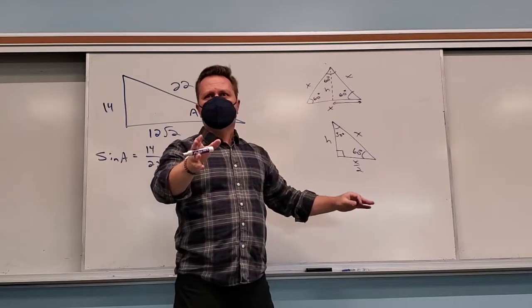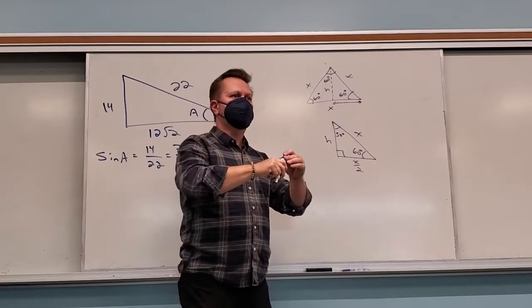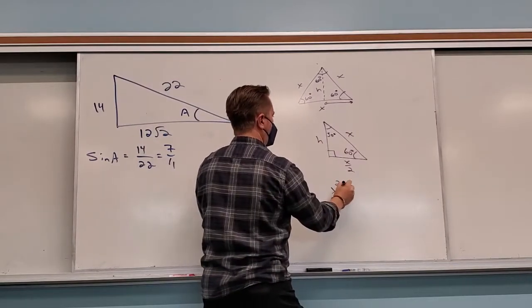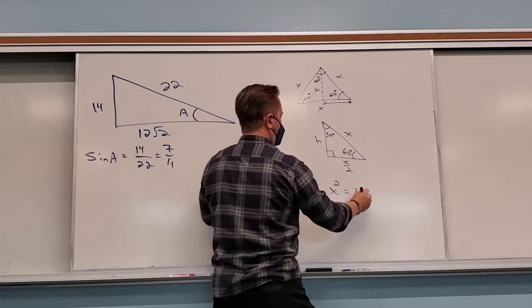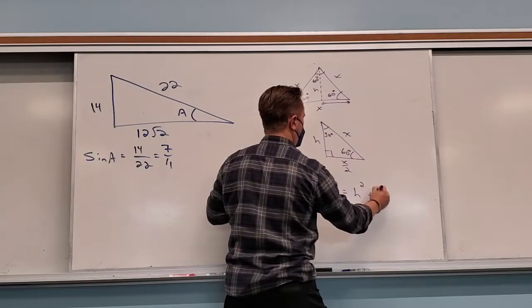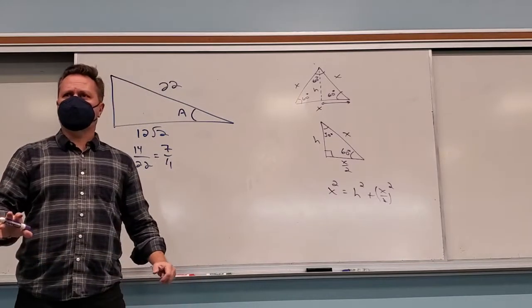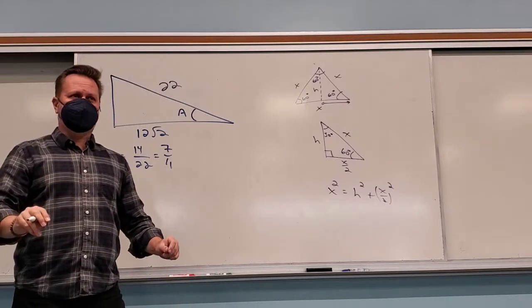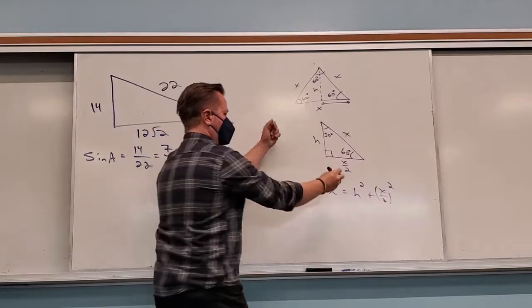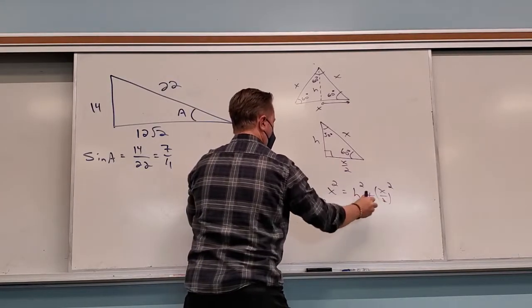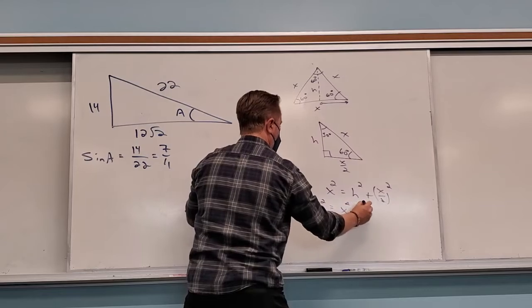Kind of gross, because there's not many numbers, right? But isn't it just x squared equals h squared plus x over 2 squared? So therefore, h squared equals x squared minus this.